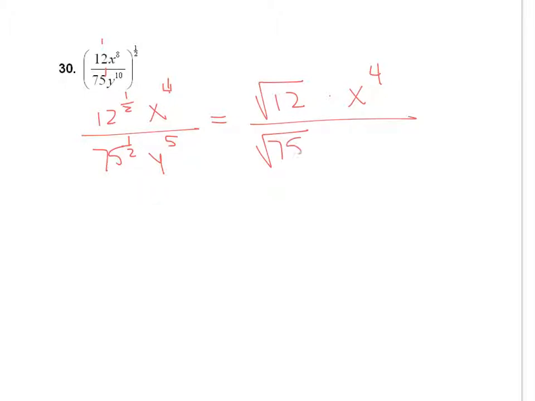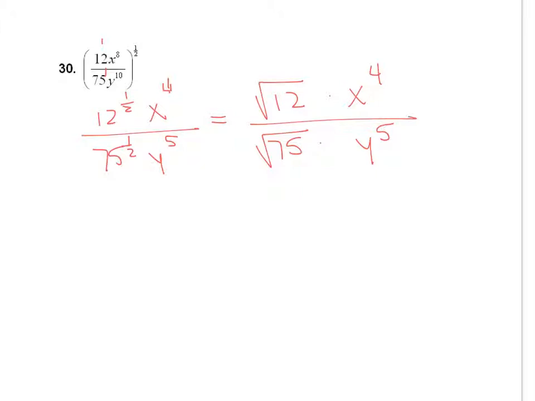So this is going to be 12 to the half, x to the 4th, over 75 to the 1/2, y to the 5th. So this is going to be the square root of 12 times x to the 4th outside. This is the square root of 75 times y to the 5th.